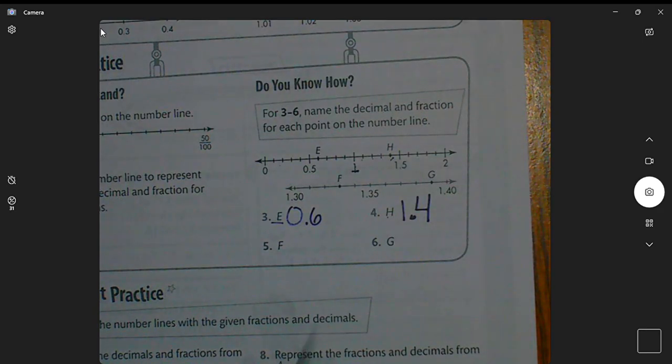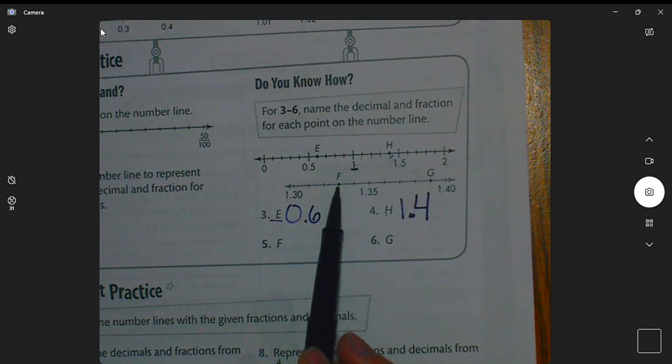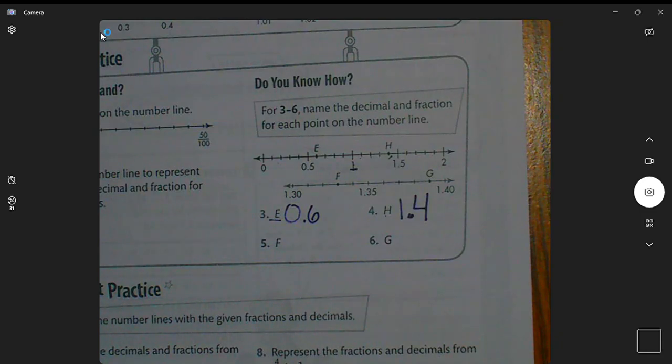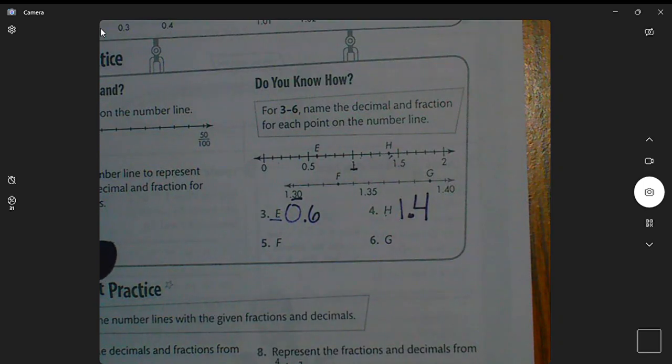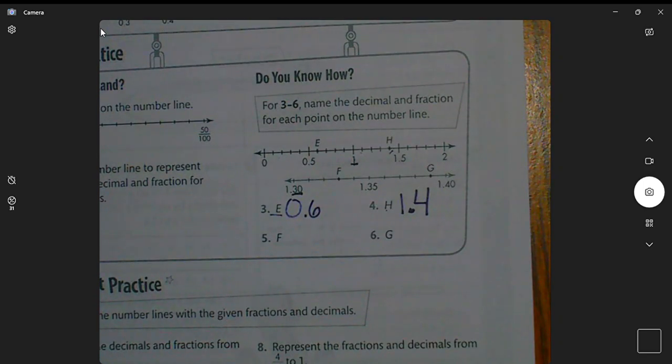F is located down here on the bottom number line. Now, when I have 2 digits behind a decimal point, it stops in the hundredths position. So I call it a hundredth.